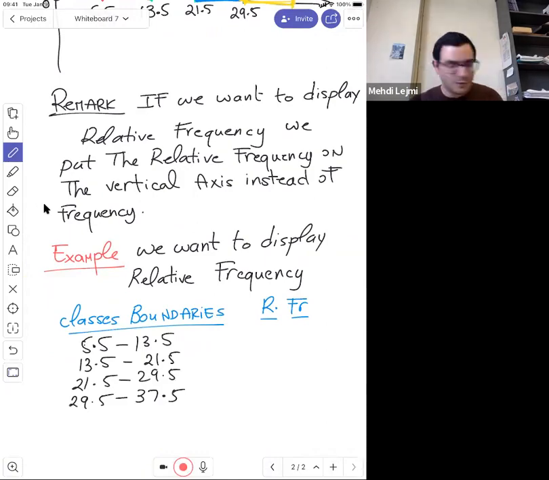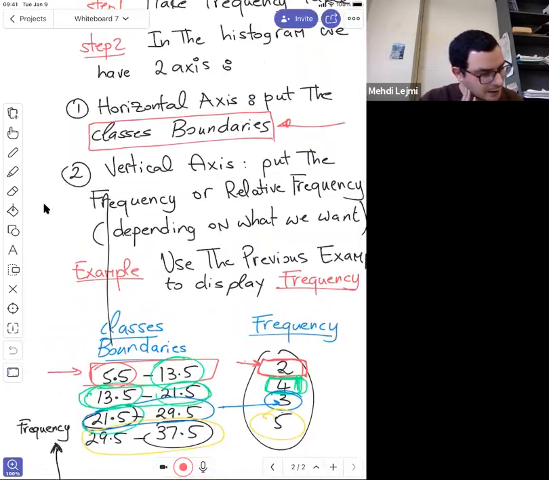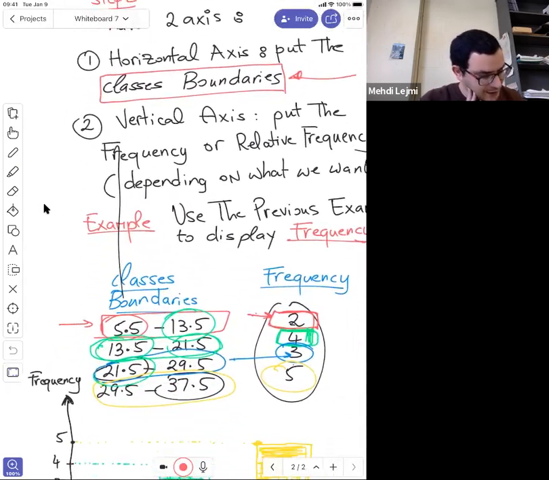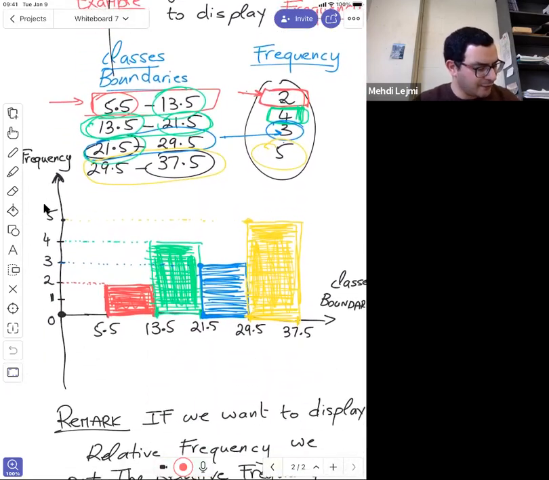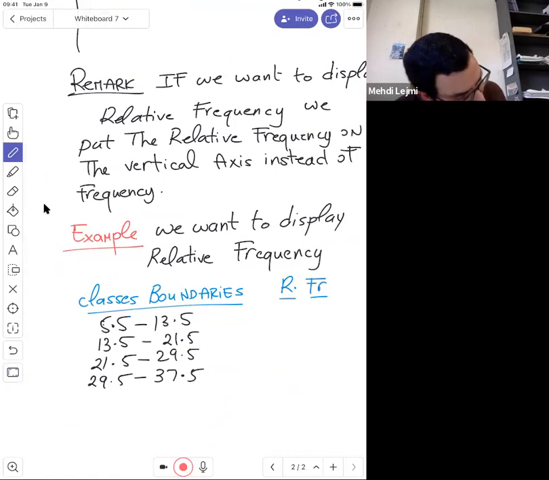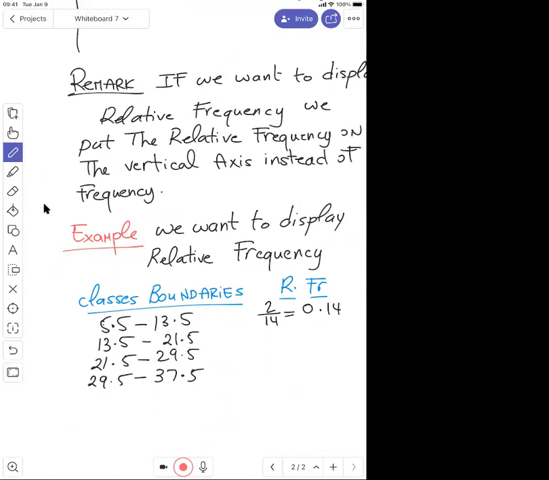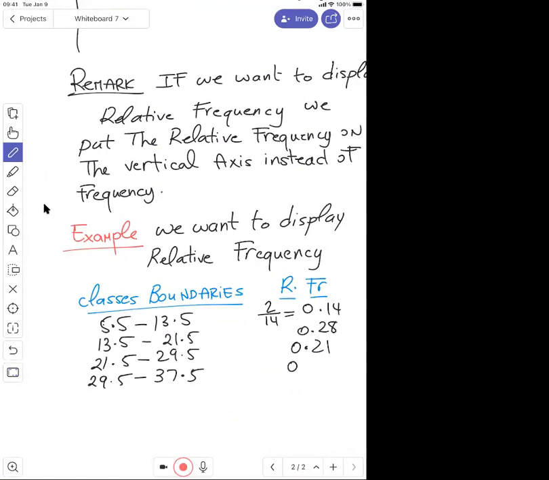Now for relative frequency, it's supposed to be 2 divided by 14, right? So 2 over 14, 0.14. And then 0.28, 0.21, and 0.35.